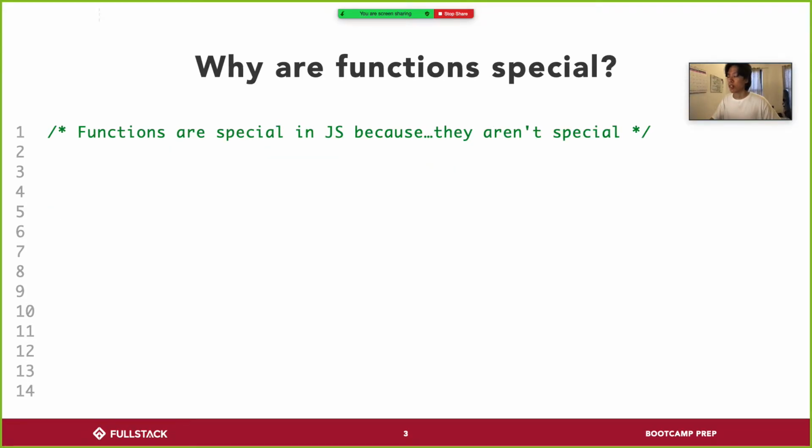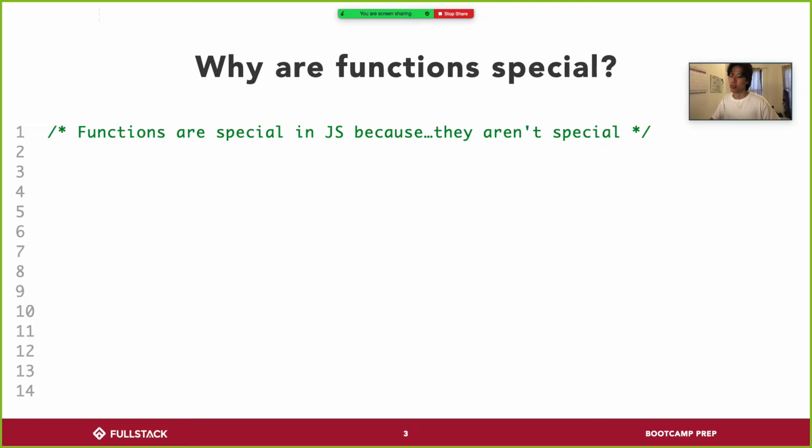They're not very special, actually. We pass numbers, strings, objects, and arrays into functions all the time. So why can't we pass functions inside of other functions as well? And we can. So they're special because they're not very special. One would think that we would treat them differently because they look so different from other data types, but they really aren't different at all.